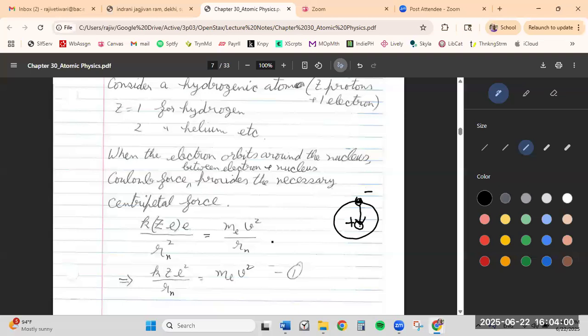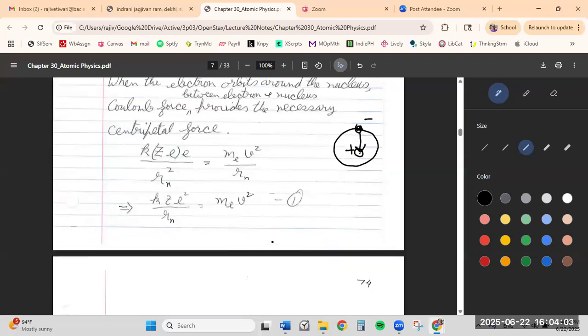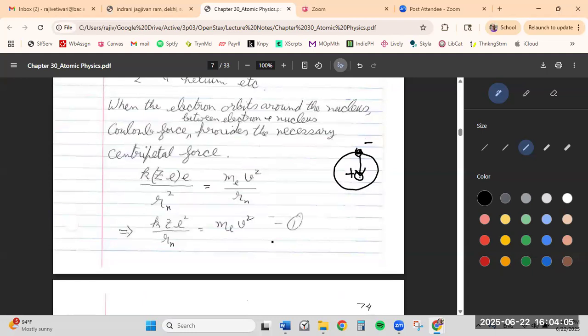Coulomb force between two charges: if you have charges Q1, Q2, separated by distance r, then the Coulomb force is Q1 Q2 over r squared, and then there's a proportionality constant, K, the Coulomb constant.